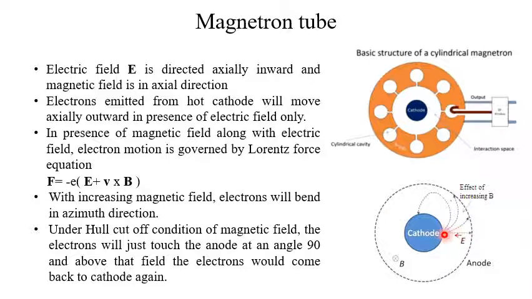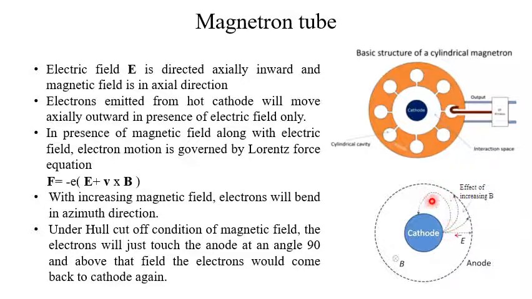The more the magnetic field, the more the electron will bend. If we increase the magnetic field, the electron will bend more, and if we increase it further, ultimately it will come back to the cathode, because the radius of curvature of this bending is so small that the electron will not be able to reach the anode.